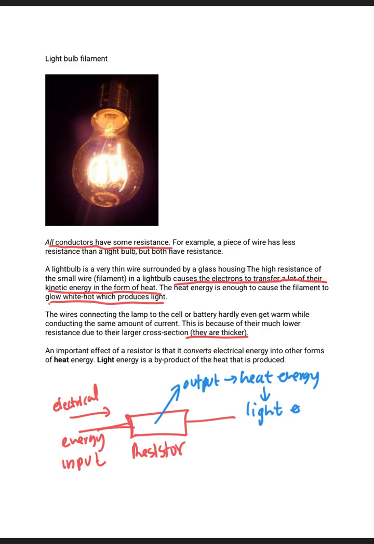Light energy. And then we see this when, for example, we have a bulb here. So we'll have the byproduct as light energy, as the byproduct of heat that is produced, right?